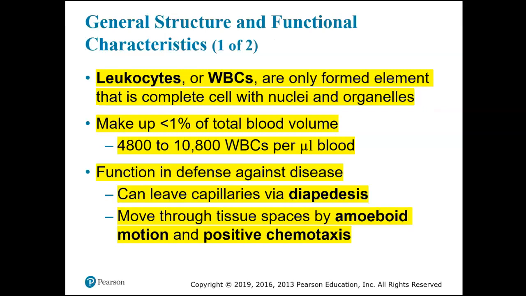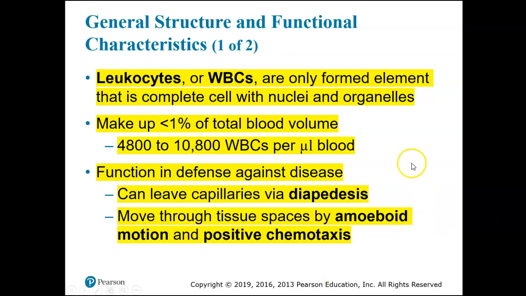Now, we're going to move on and talk about white blood cells or leukocytes. And these are the only formed element of the blood that are complete cells that contain their nucleus and their other organelles. White blood cells typically in a healthy individual only make up less than 1% of the total blood volume. They function in defense against disease.